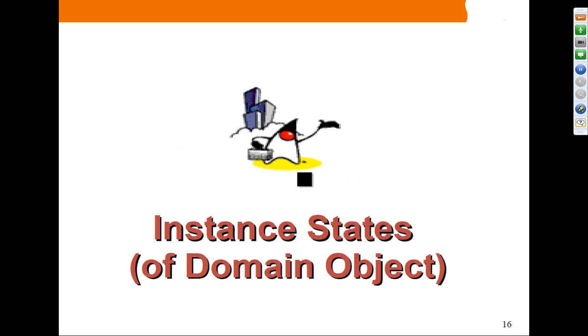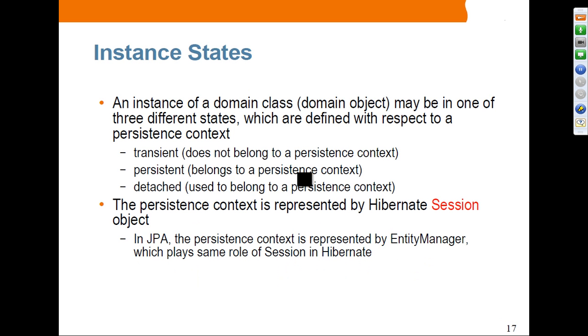Okay, so instance states of a domain object. Instance state means an instance of a domain class. For example, if you have a person class and you create a person object, that person object could be in one of three different states. These states are defined with respect to the persistent context or session.